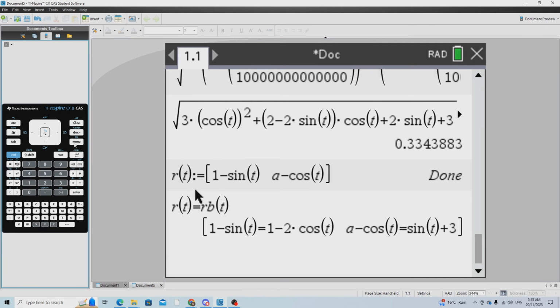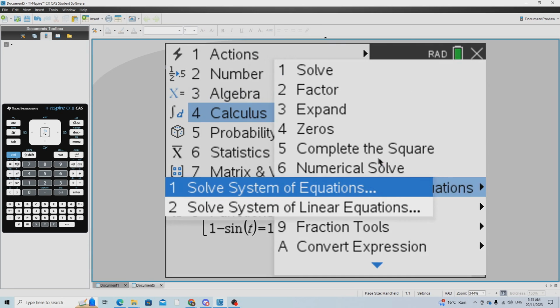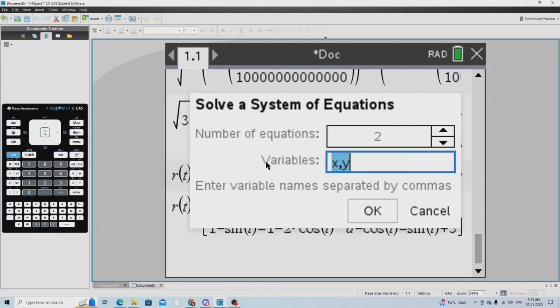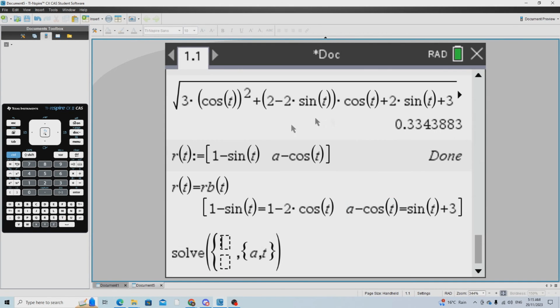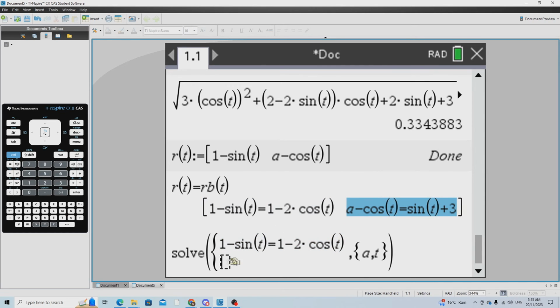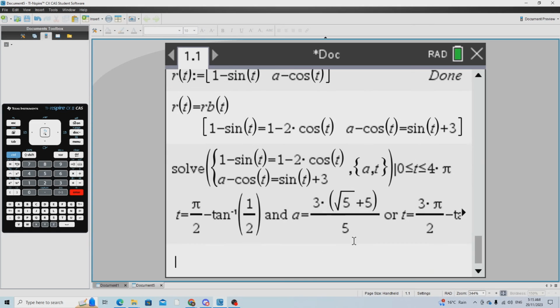So go on menu, go to algebra, solve simultaneous equations. We have two equations, and we want to solve for a and t, because we want the time also. So this one over here, this one over here. We want to be careful. We want to say t is between, again, 0 and 4 pi, something that's very high. And, okay.